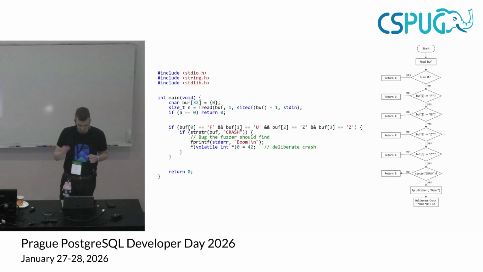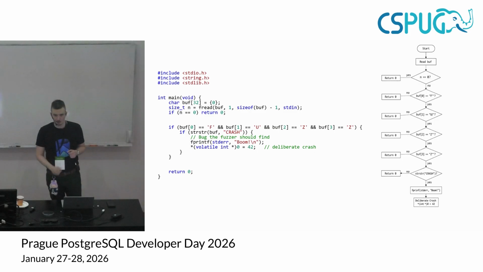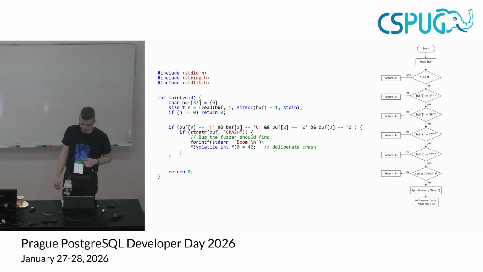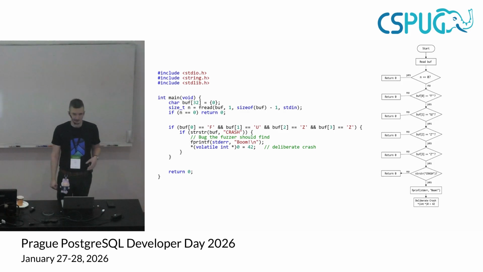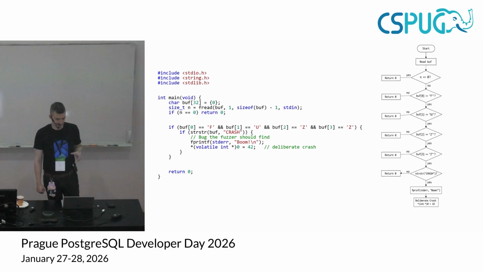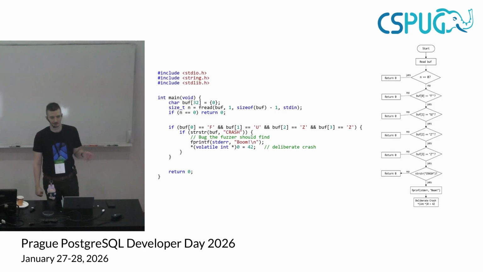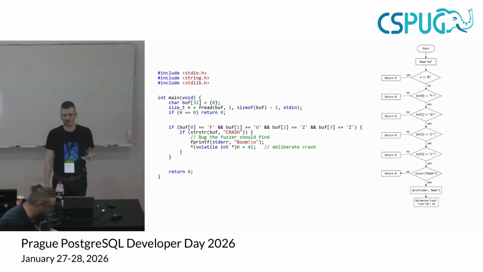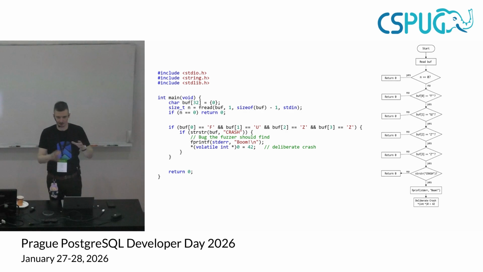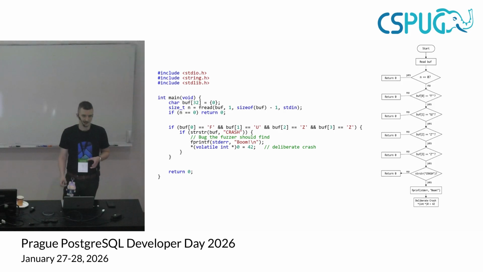So let us look at a sample toy program. I'm checking if it's big enough. It seems so. On the left is a very simple C program. It has a hard-coded sequence of if statements. It reads a 32 character length buffer from standard input, then checks if the first 4 characters together form the word fuzz, and then it looks if anywhere in the string there is the word crash.